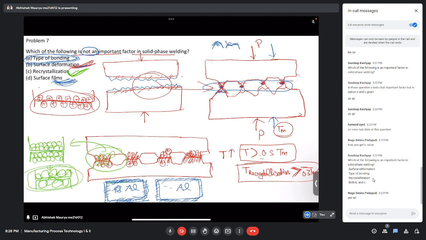Now, because of this plastic deformation, the earlier we had point contact. In point contact the bonding will not happen sufficiently.